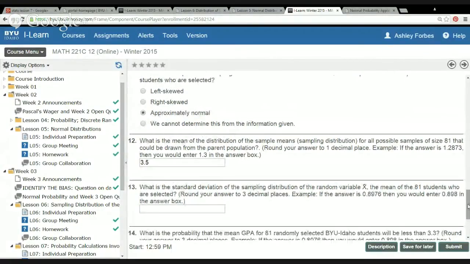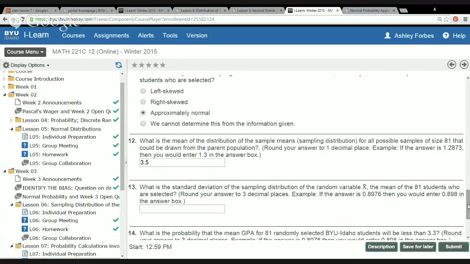All right, what is the standard deviation? Is that just meaning we need to solve the bottom part of the equation? I don't know. So that bar over x is the sample size. So 81, oh, I don't know.